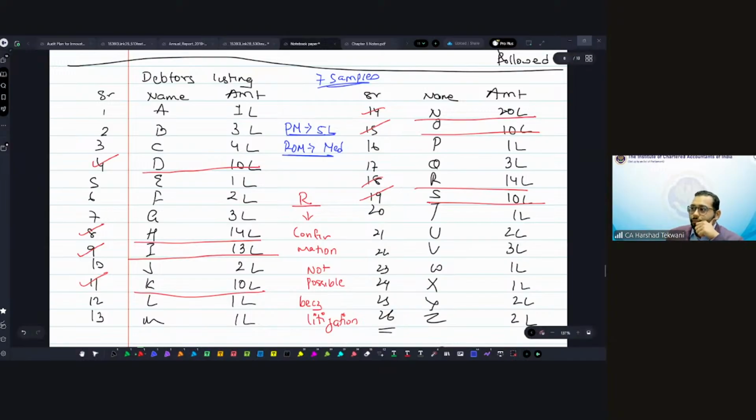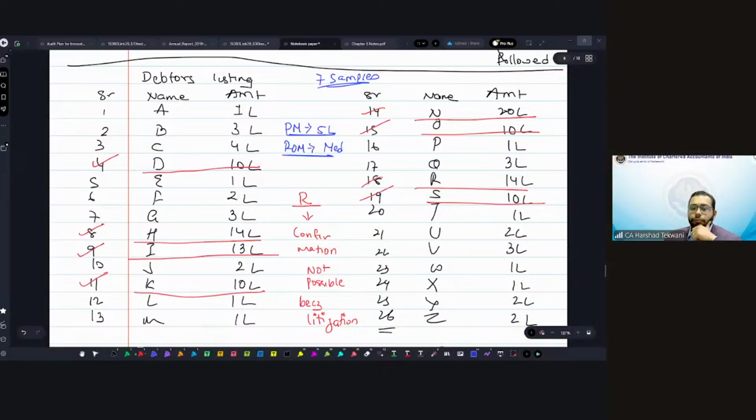Sir, in this case, we can remove that item from the sample, then we can select another item. We can do a separate treatment for that item. We will apply a separate audit procedure for that item, such as checking subsequent cash receipts or other documentation related to that item, and choose another item in spite of that item.